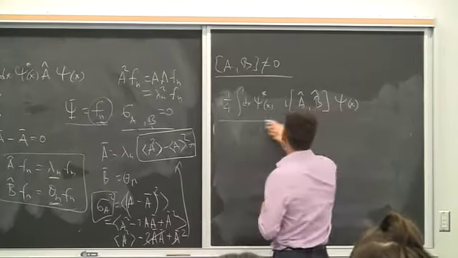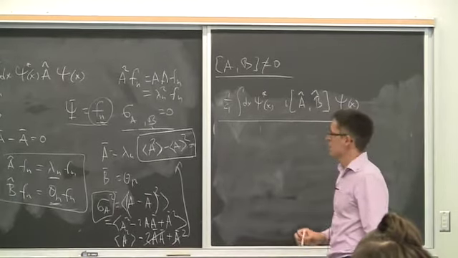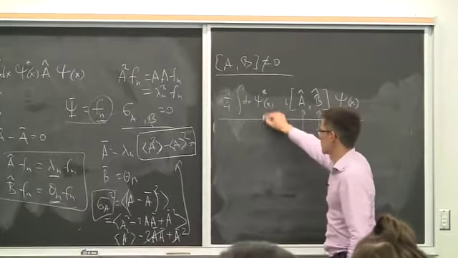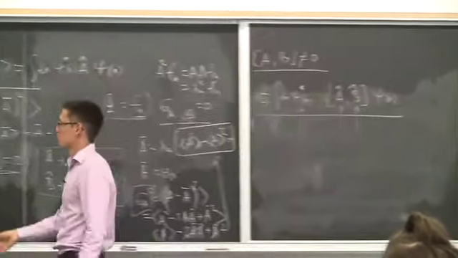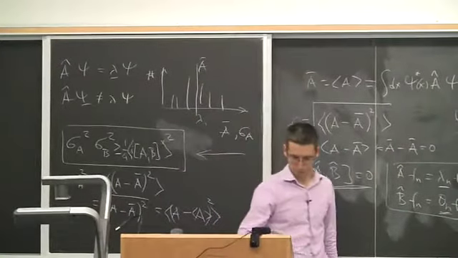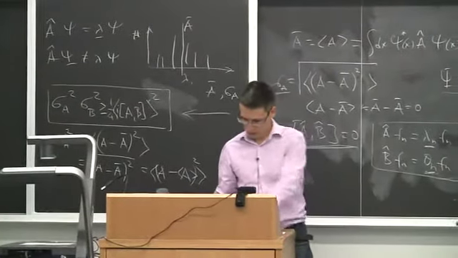So this will be a quantity that you can always calculate, because you usually know A and B and the psi's. Then you can estimate what will be the product of these two deviations, the squares of deviations.